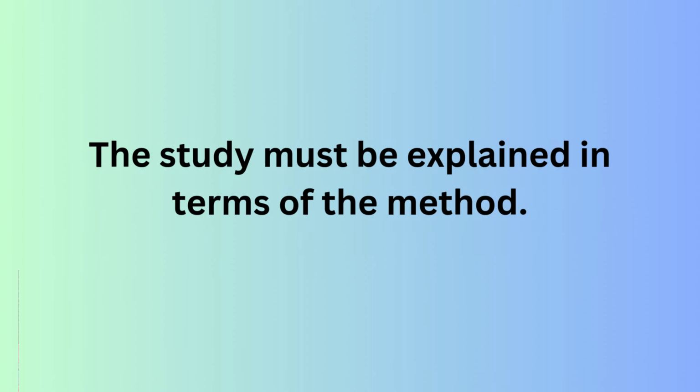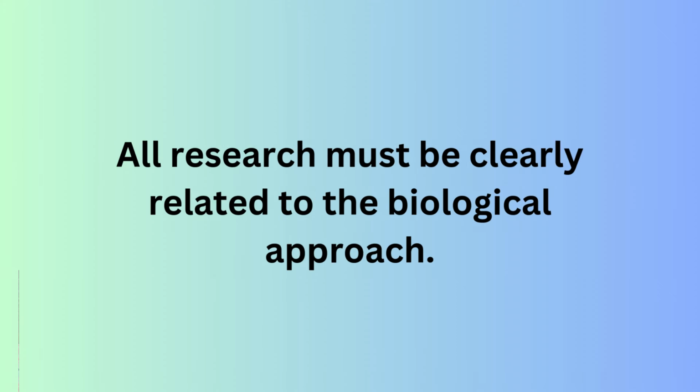Third, the study must be explained in terms of the method. That means it must be explained what method was used in the study. Fourth, all research must be clearly related to the biological approach, because brain and behavior is from the biological approach.